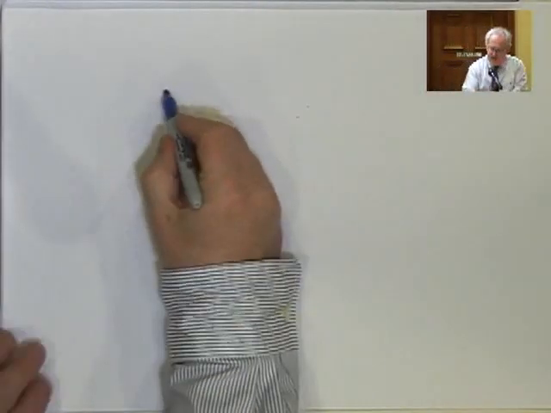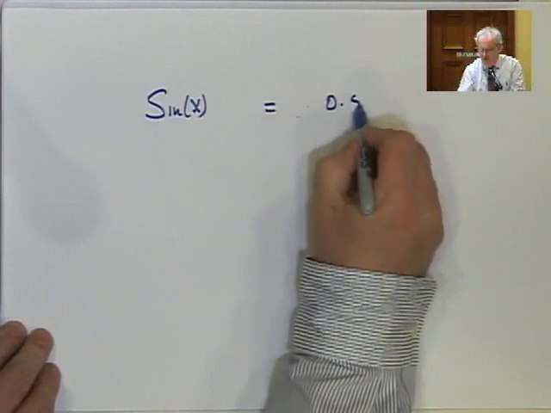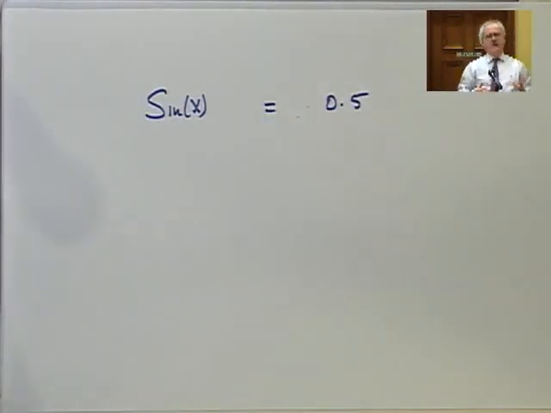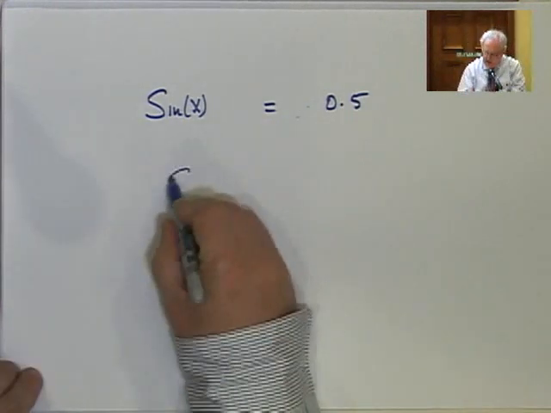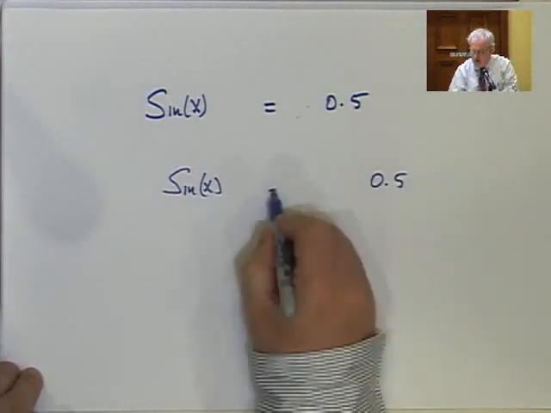So if sine x is 0.5, what's the twin or the pairing of sine x? What's the one that you have the second function on for the sine x? Sine to the minus 1, the inverse sine. So what I could do is write the same equation out again, sine x equals 0.5.